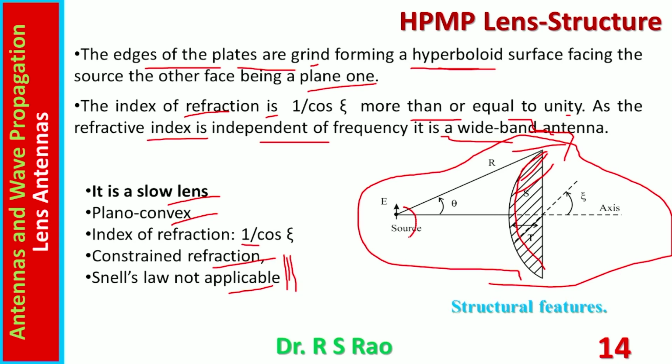Wave, after being emitted by the source, travels like this, reaches here, enters into the lens medium. There it is bent. This bending is not according to Snell's law. This bending is a forced one by the slanting angle of the metal plates. So, as it is a forced one, it is called constrained refraction.